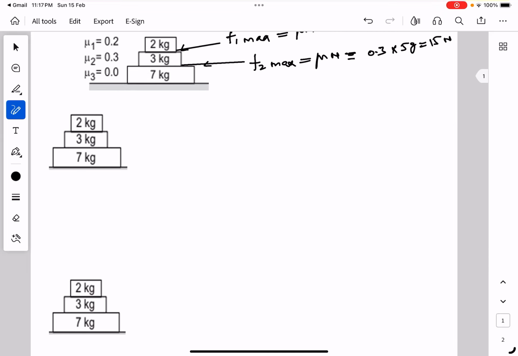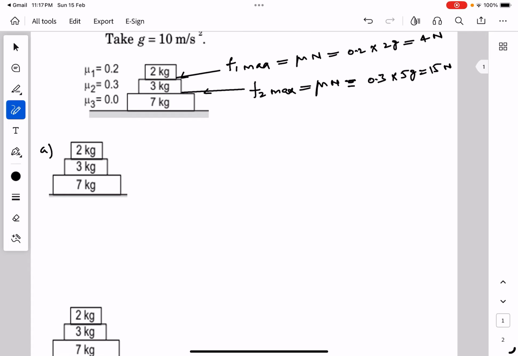Now let us take the first case. In this case, the 10 Newton horizontal force is applied on 2 kg block. Let's make free body diagram of 2 kg block. 10 Newton force in the forward direction, static frictional force F1 in the backward direction.